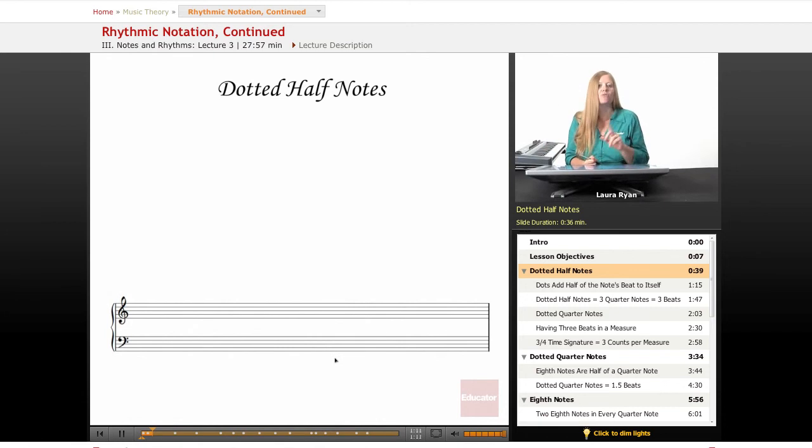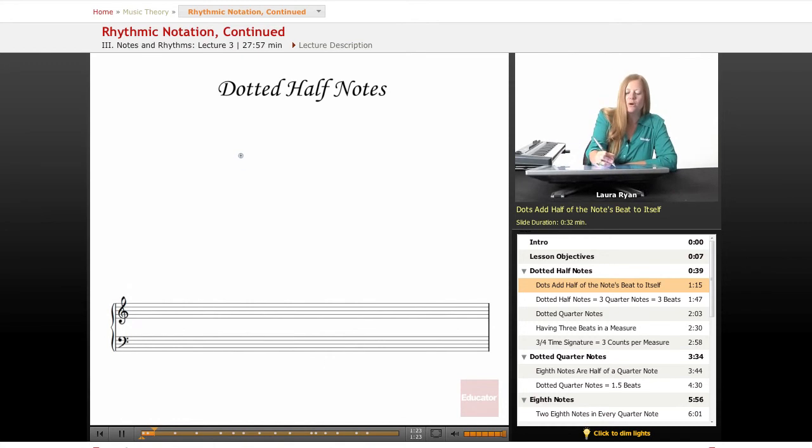First, we're going to go over something called dotted notes. This is something that you will actually see a lot, so it's really important that you understand what it means. We'll start with explaining a dotted half note. So when we have a dotted half note, all it means is that we have a dot next to this note. What we do with this dot is we remember that this dot adds half of this beat to itself.